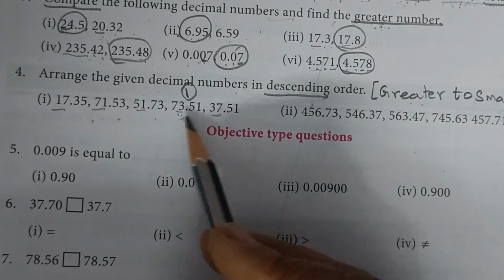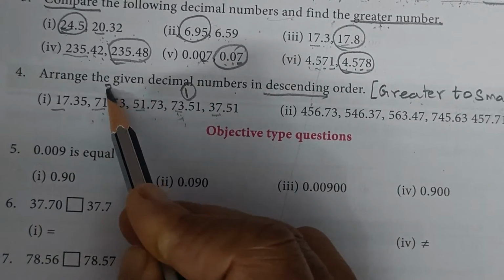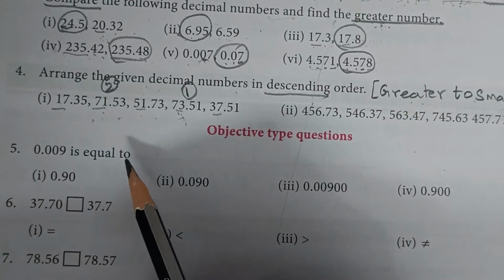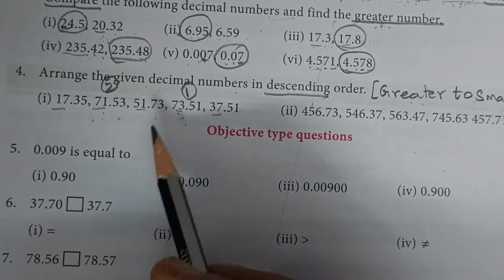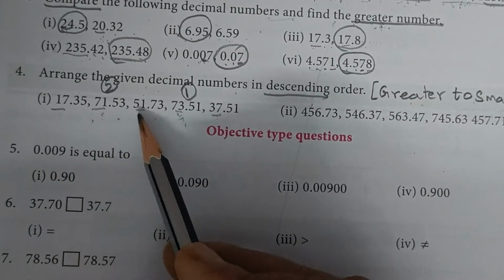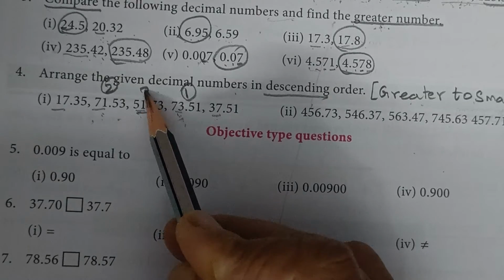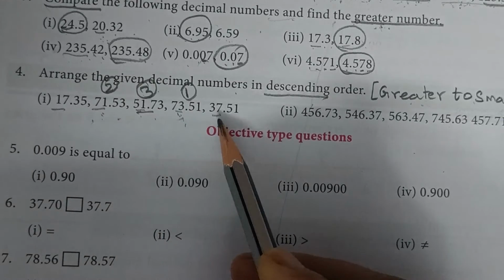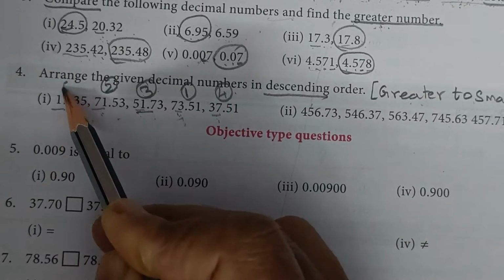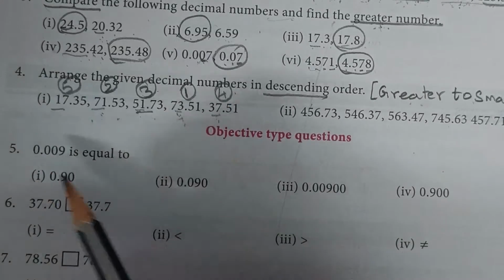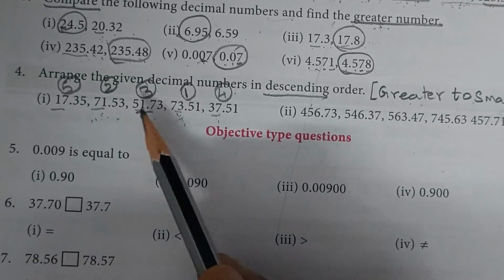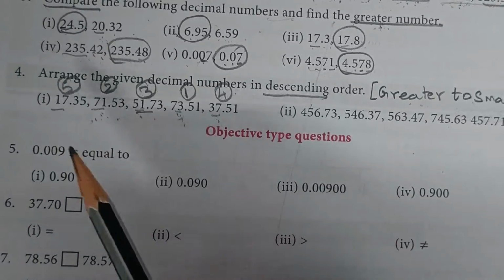Then after 73, 71 is the second greater number. Now here it is easy. By comparing whole numbers itself, we are able to find out the greater number. 73, 71, next 51 is the third greater. Then 37 is the fourth greater. And the last, the smallest one, is 17. See, 73, 71, 51, 37, 17.